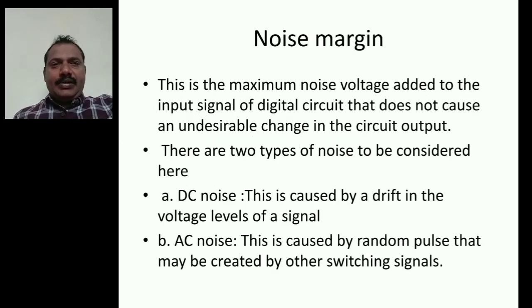Noise margin. This is the maximum noise voltage added to the input signal of a digital circuit that does not cause any undesirable change in the functionality of the circuit output. There are two types of noise to be considered here, DC noise and AC noise.